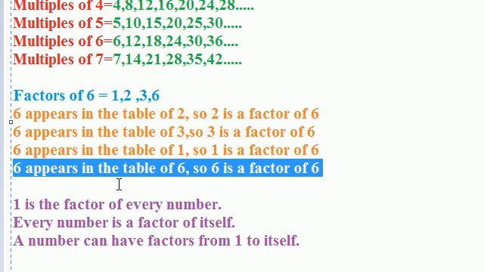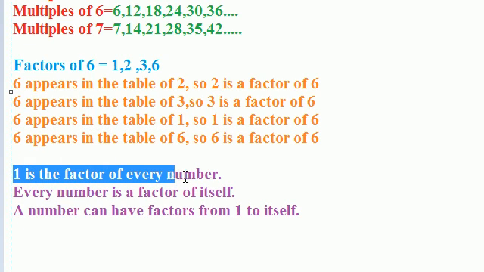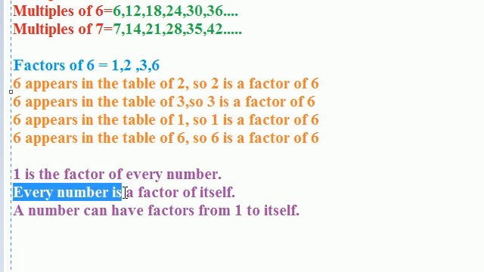What we conclude from these things is that 1 is a factor of every number, because every number appears in the multiplication table of 1. Next, every number is a factor of itself, because every number appears in the multiplication table of itself. 2 appears in the multiplication table of 2, 3 appears in the multiplication table of 3, and so on.